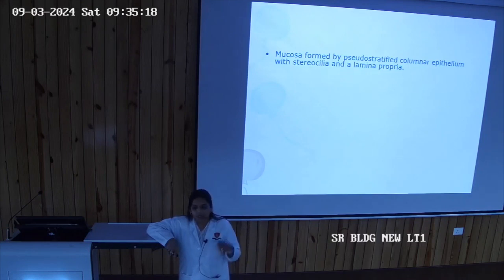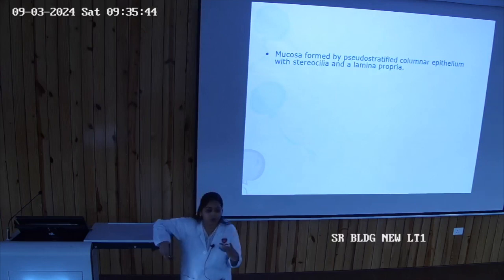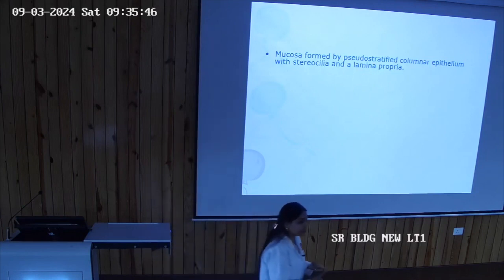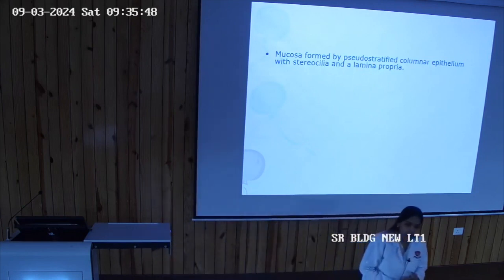So what you are going to see here, there are longitudinal folds which give a star-shaped appearance to the lumen. So there is a star-shaped lumen lined by pseudostratified ciliated columnar epithelium. Again, there are two types of cell, long principal cell and short basal cell, and then there is an outer loose connective tissue layer which has blood vessels and lymphatics, which is the lamina propria, and then the outer layer is muscular in the form of three layers: inner longitudinal, middle circular, and outer longitudinal.